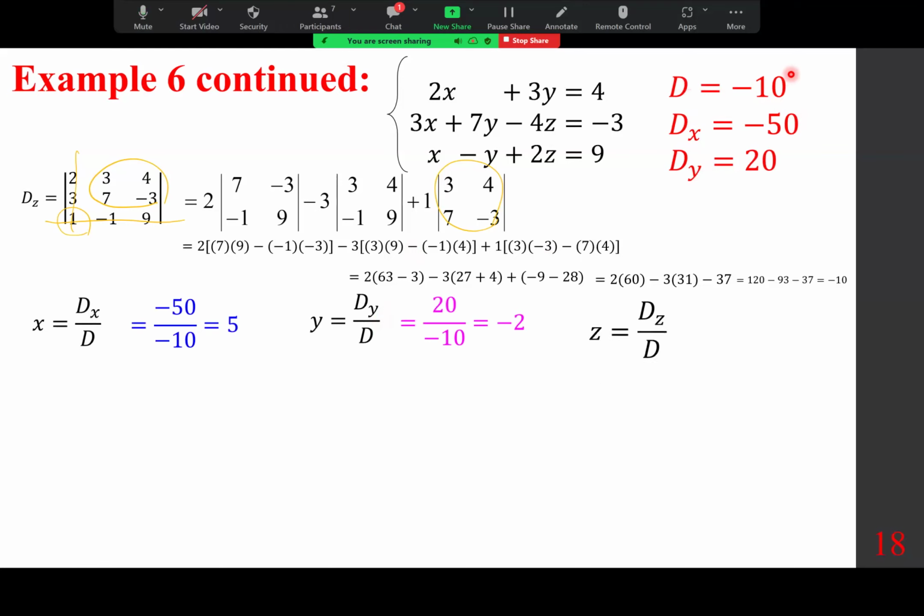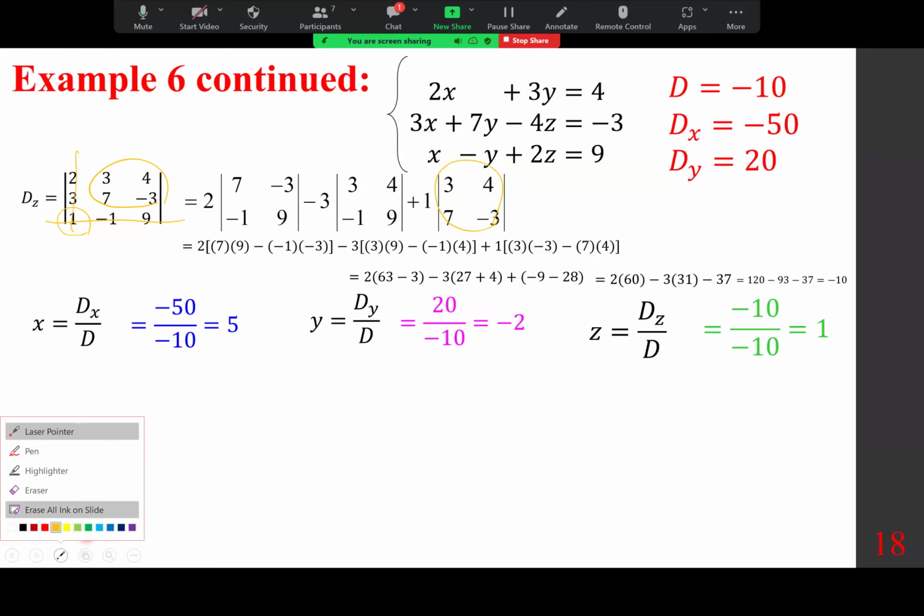And finally, z is d sub z, which is negative 10 divided by d, which makes it positive 1. And we have the answer as 5, negative 2, positive 1. It's really a good practice to check.